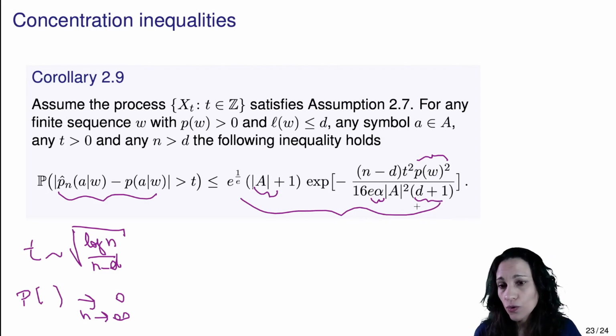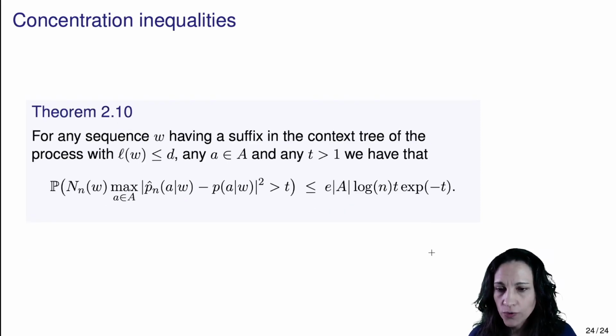And this is not good when we need to bound the probability of an unbounded set of sequences. But fortunately, we can show that in particular for sequences that are greater than a context in the model, we can obtain upper bounds that do not depend on the parameters of the model, only on the alphabet size. So they are universal on the class of stationary and ergodic processes.